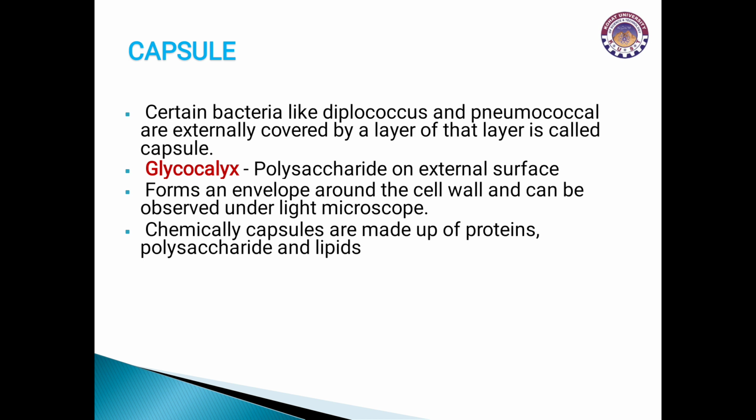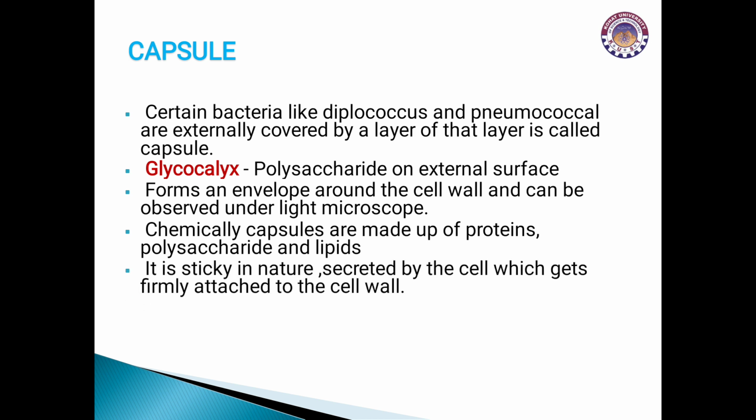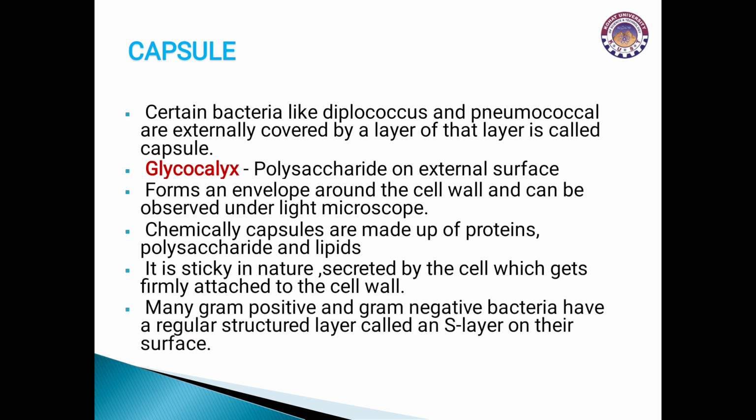Chemically, capsules are made up of proteins, polysaccharides, and lipids. It is sticky in nature, secreted by the cell wall, and gets firmly attached to the cell wall. Many gram-positive and gram-negative bacteria have a regular structural layer called the S layer on their surfaces.